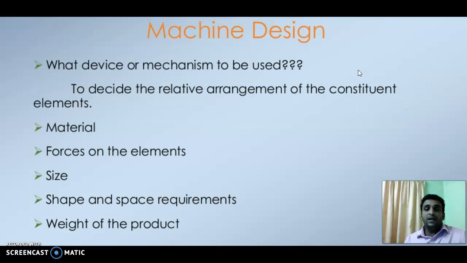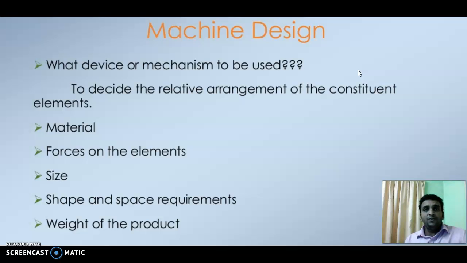Then next we have to find what the factors considered in machine design are. The first one is what device or which mechanism is to be used in our product. The next one is which material we are using to produce our product. Then forces on that element, that I already discussed.